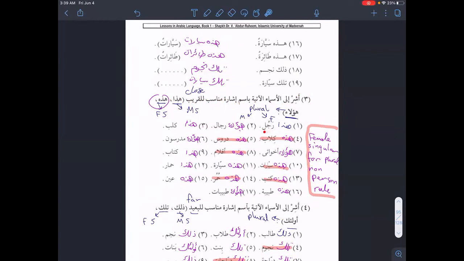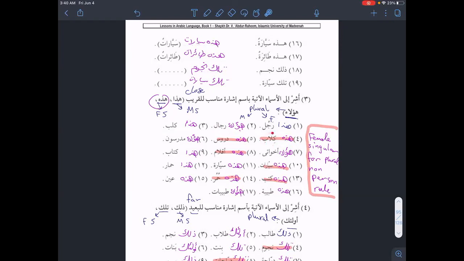So for رجل we use هذا. هذا رجل. هؤلاء رجال. Because it's plural. رجال is plural. هذا كلب. هذه كلاب. So again, here we use the female singular form for plural non-person.